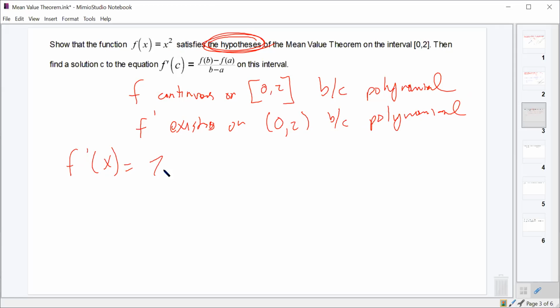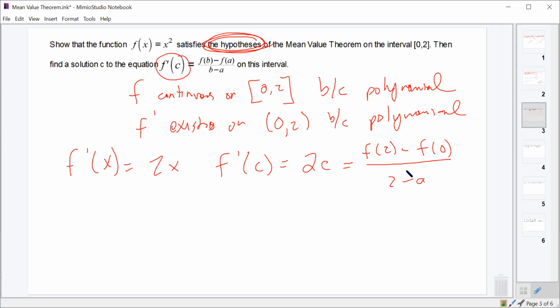2x, which means that f prime of c, we're using f prime of c here, that's 2c, right? Needs to equal f of b minus f of a over b minus a.